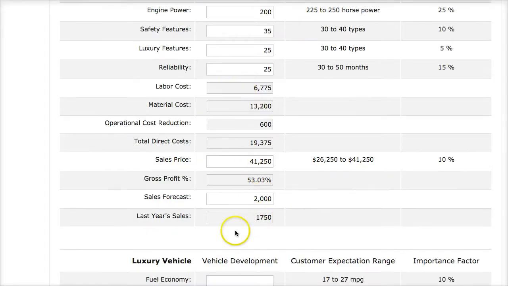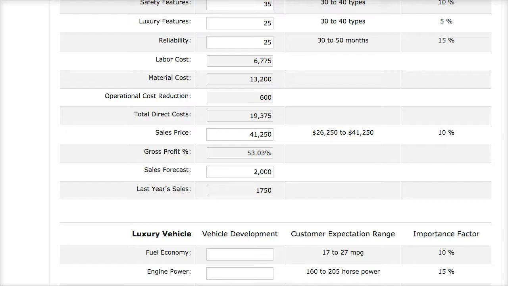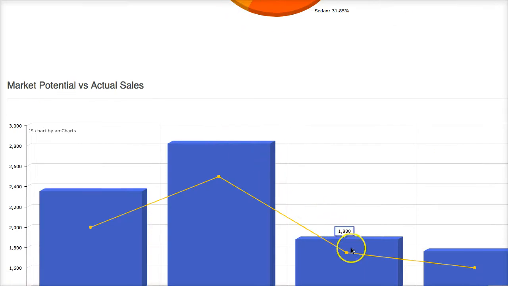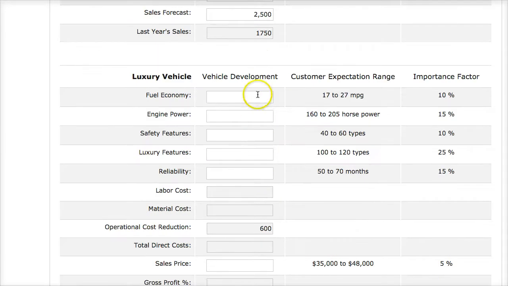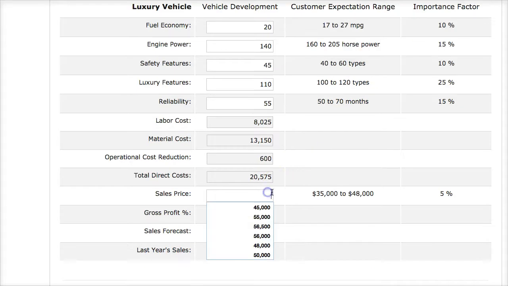Again, I want to keep an eye on my sales. I was actually pretty close to 2,000 in some of these categories, so maybe I want to go higher. But you also have to weigh the benefits and the costs here, because if I go higher, my capacity utilization isn't as good, because now I'm going to have a factory with some unused vehicles.